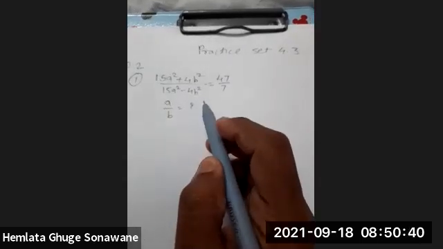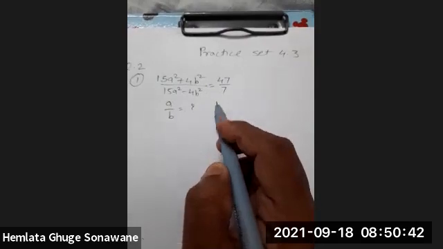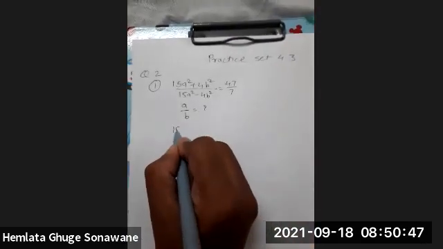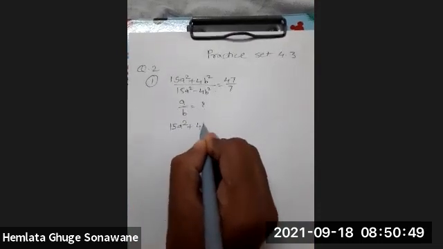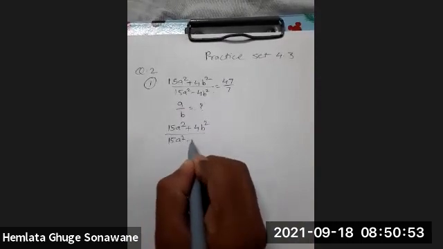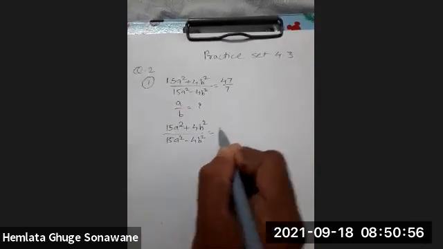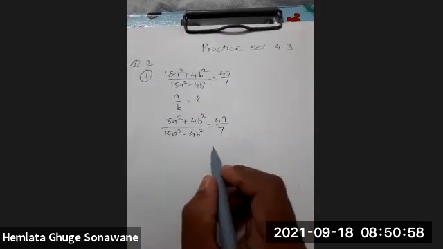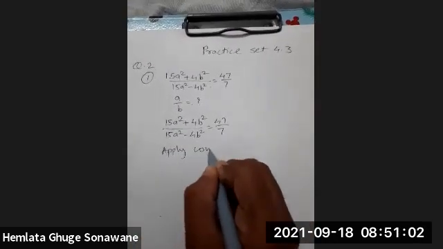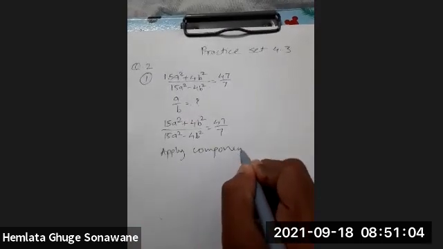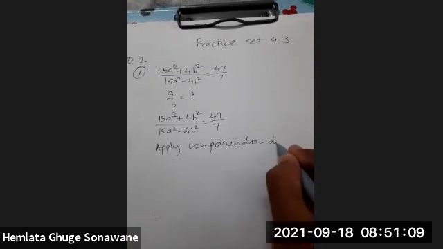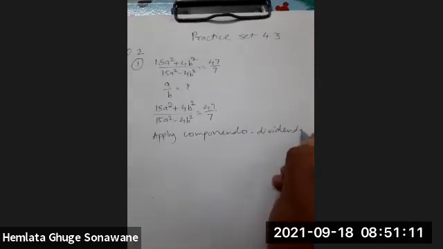Now we'll apply componendo and dividendo property. So it becomes 15a square plus 4b square upon 15a square minus 4b square is equal to 47 upon 7. We'll apply componendo and dividendo property.